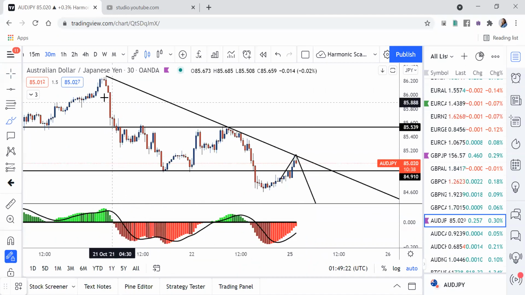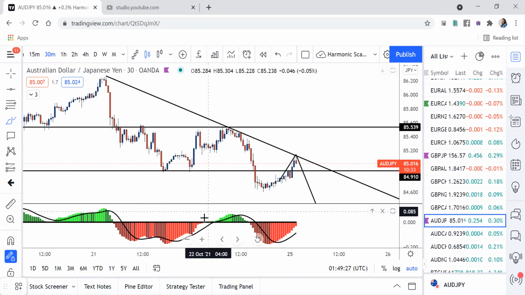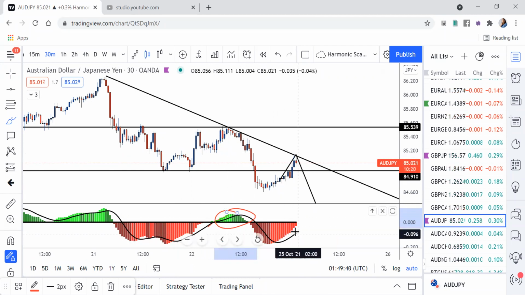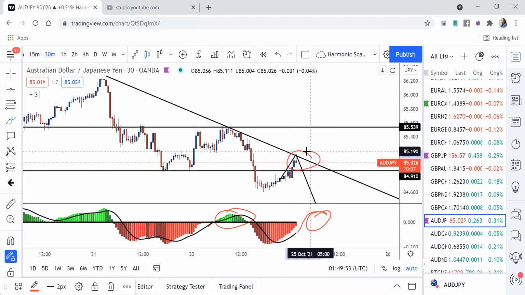You see how we had a break, price came over on the MACD, gave us a retest, and then we could have gotten into our sell on that retest. I want to see a similar thing happening now, where I wait for price to come over, give me another retest, and then I look for my sell entry on the retest.